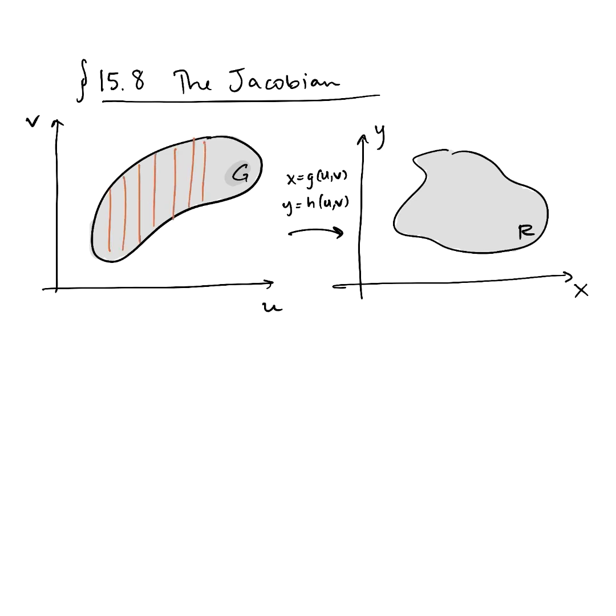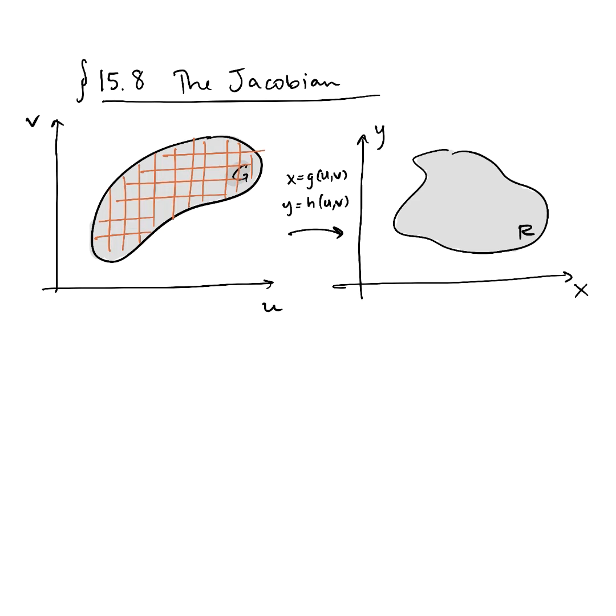Now, if you break G up into nice, organized little rectangular pieces, like we do for the purposes of integrating, that mesh that we just drew on G corresponds to some mesh over there on R. So if you take those horizontal lines, the red ones in G, those are lines where V is constant and U is changing.